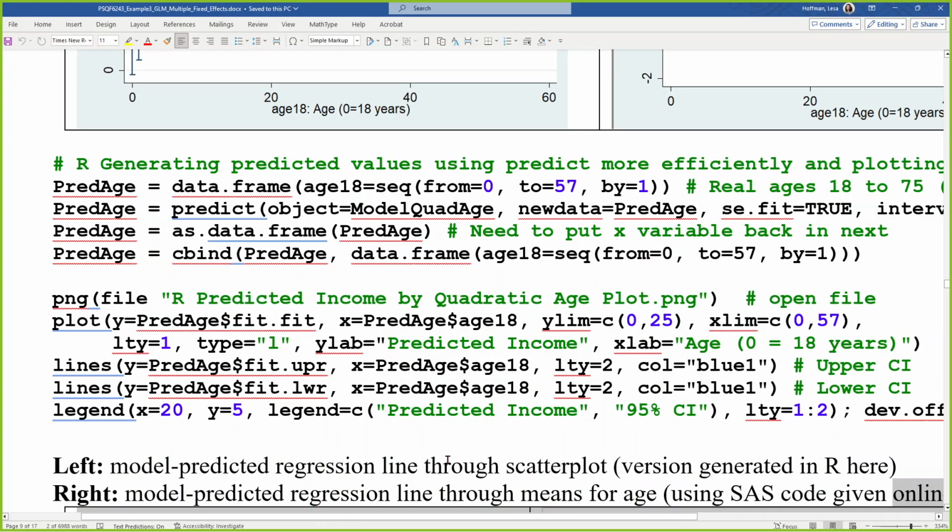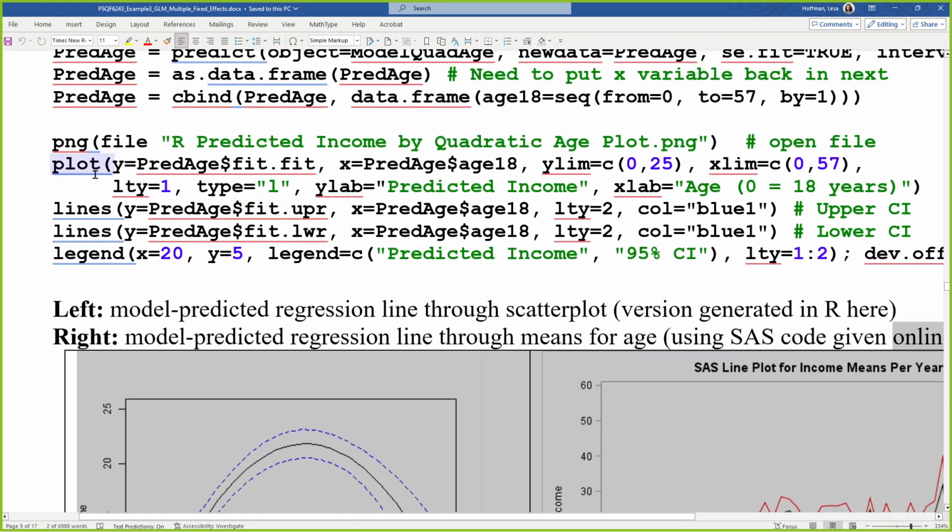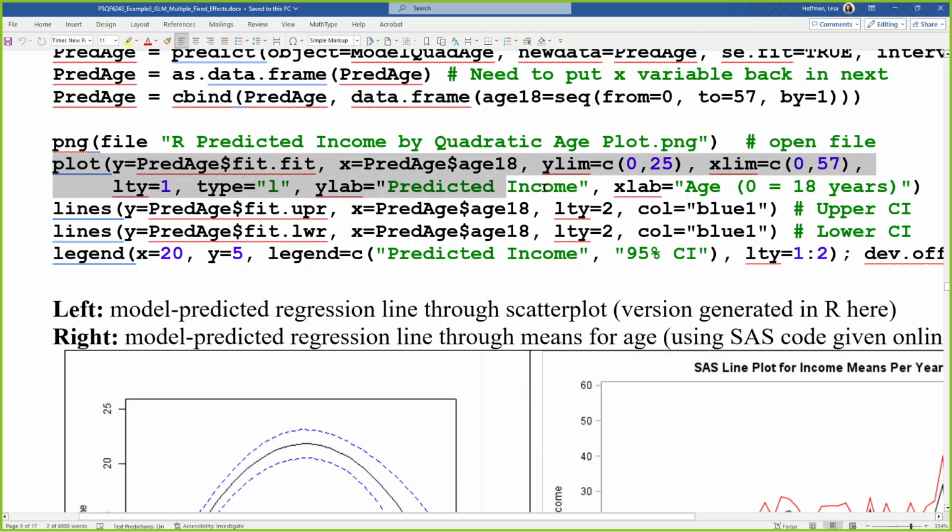And then plot is a generic command. There's all kinds of ways to plot things in R. I am not good at them. But ggplot and ggplot2 are the ones that offer a lot more customization. This is just a bare bones plot. The way that it works is that you first build the plot space, and then you insert the lines.